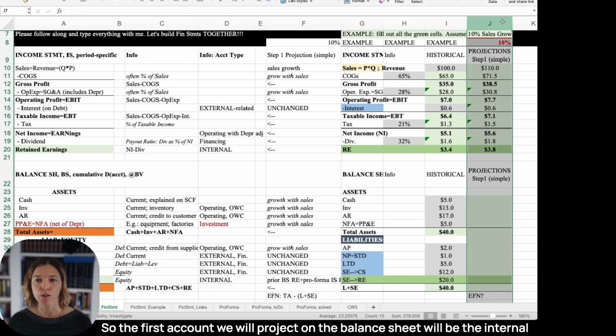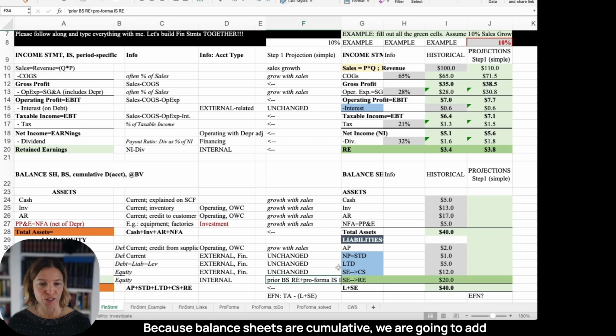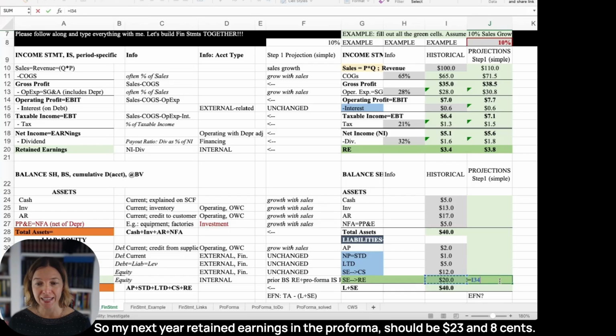So the first account we will project on the balance sheet will be the internal capital account, where you're investing this $3.8 into your company. Because balance sheets are cumulative, we're going to add that 3.8 from the income statement to the balance sheet. So my next year retained earnings in the pro forma should be $23.08.